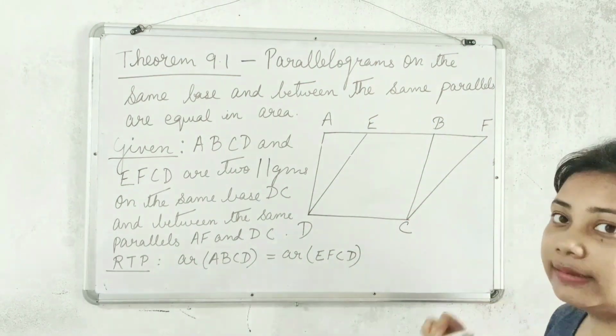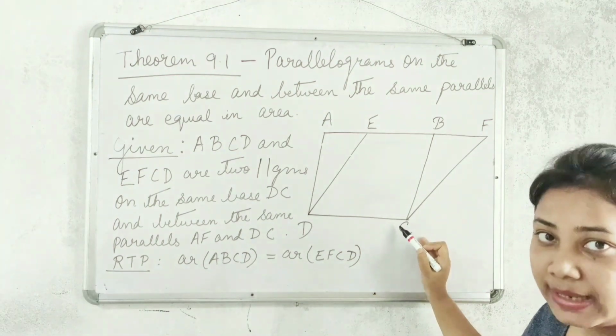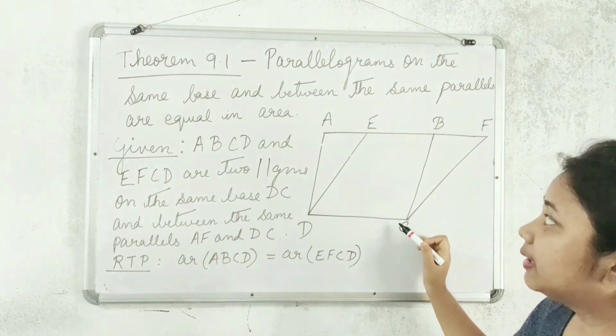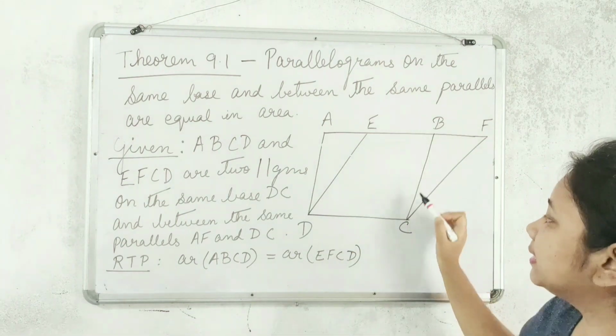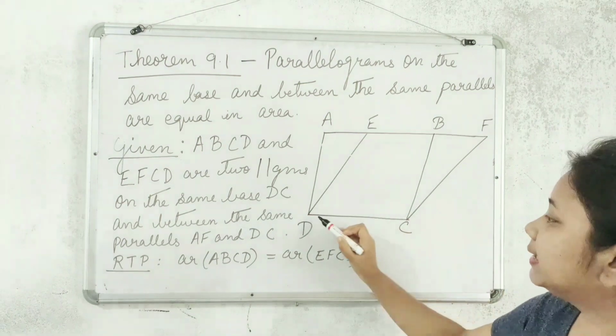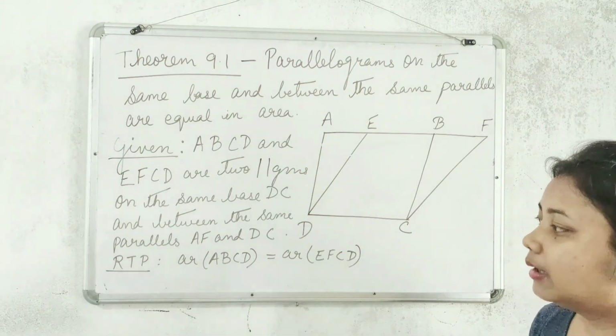AF and BC are the same parallel lines, and the base is common to parallelogram ABCD and parallelogram EFCD. So these things are written in the given.